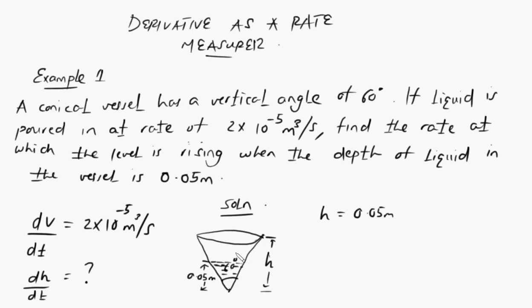Na hapa ni panene pia kuliko hapa. Kwa hiyo maji yakiwa na level hii ukiongeza, dh dt itakuwa sio sawa na maji yakiwa level hii ukaongeza, okay? That's why the level of water here is essential. So we just need to find that one.